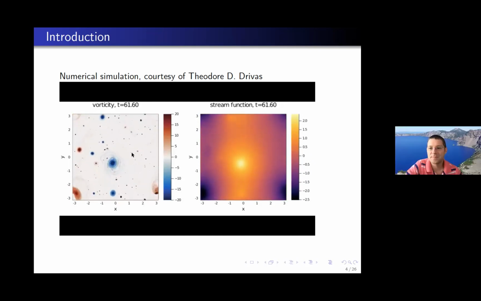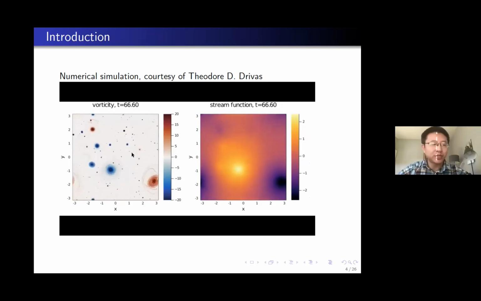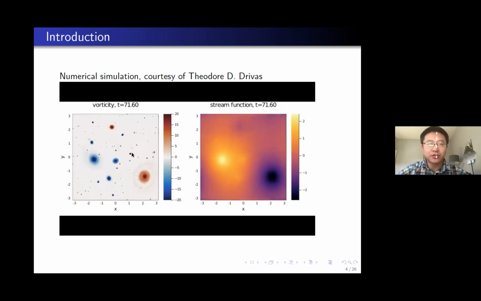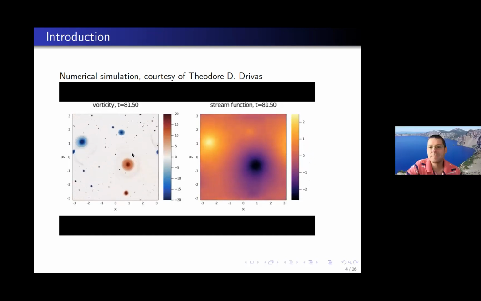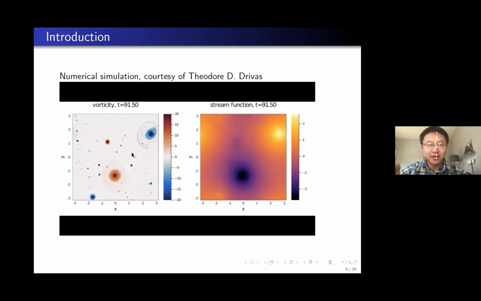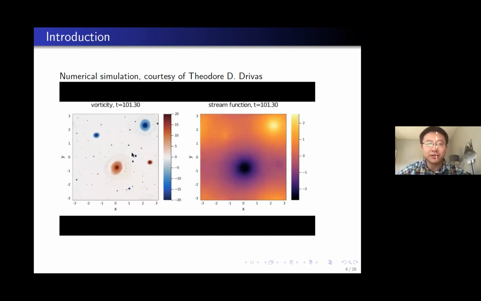I think the recent work of Kai Choi, you know him, right? He proved the nonlinear stability of this using Arnold's method, the Arnold-Casimir method. He assumed it is radially decreasing.